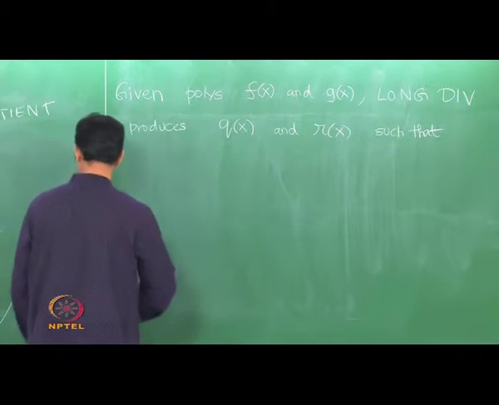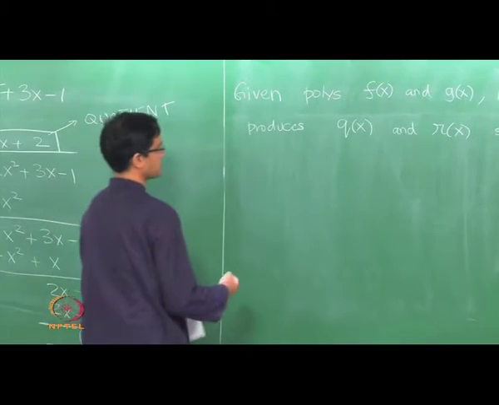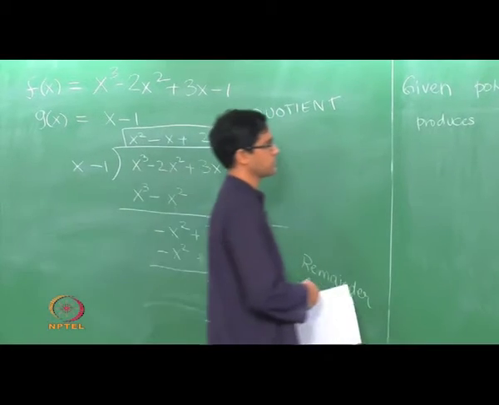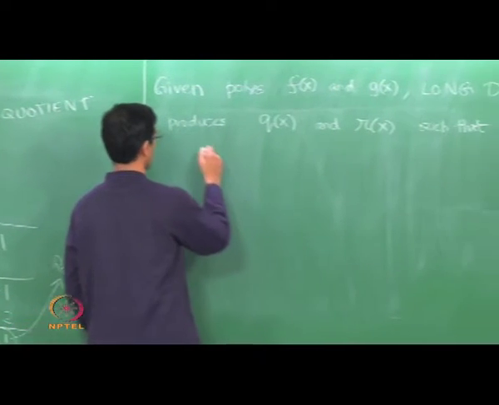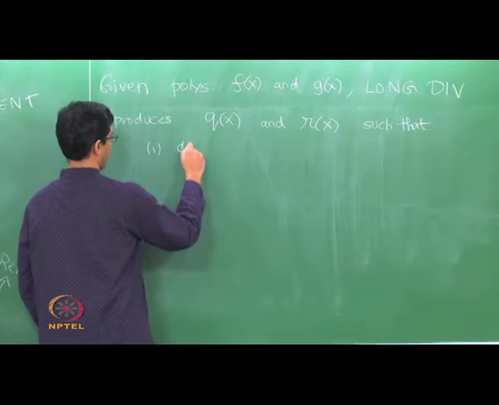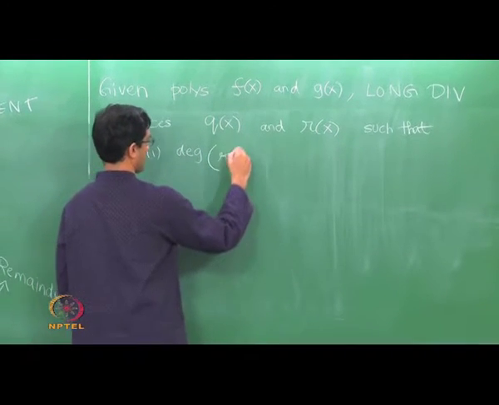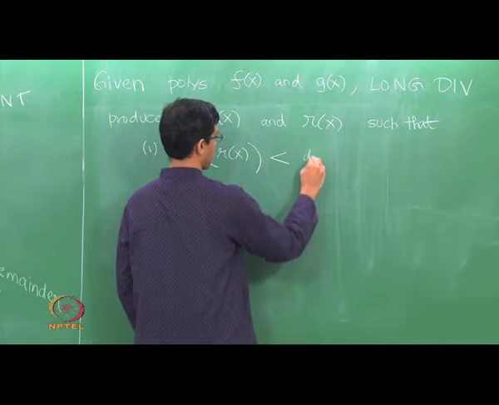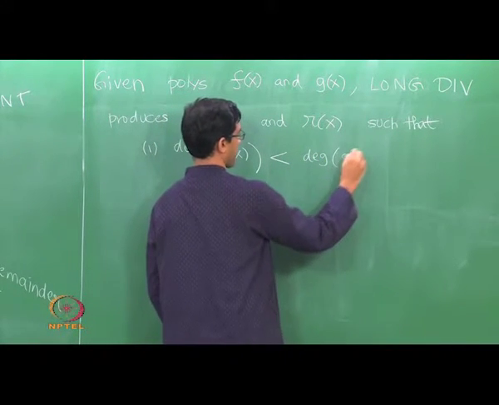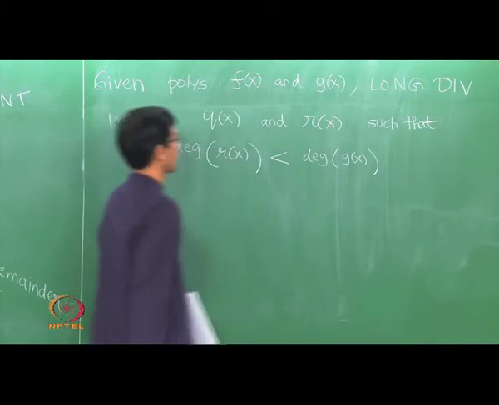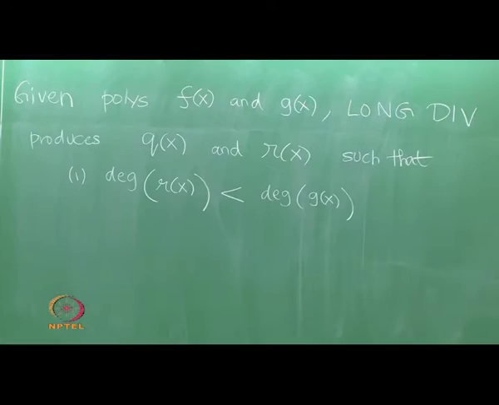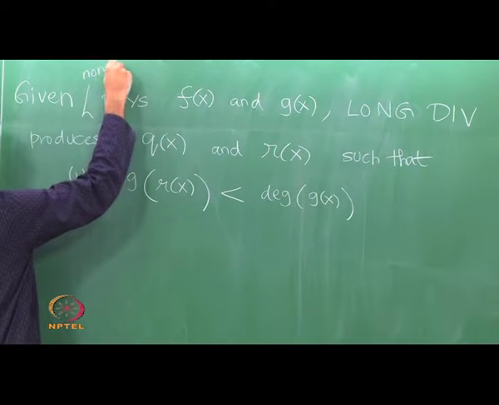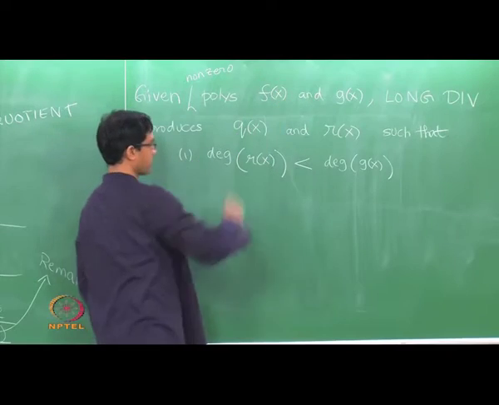Firstly, r is the remainder, which means it is something which is obtained at the very last step of the division, which means you can't continue the division anymore. So the remainder is something whose degree is strictly smaller than the degree of g of x. Okay, and so I should also say given non-zero polynomials, so I do not want to be dividing by 0.